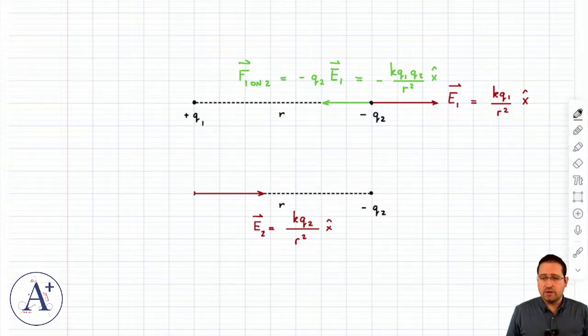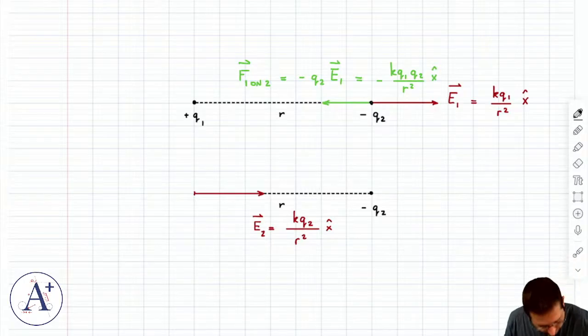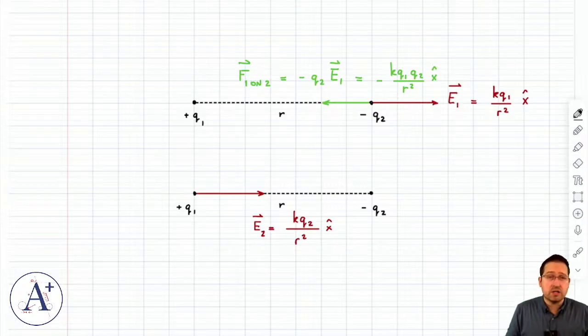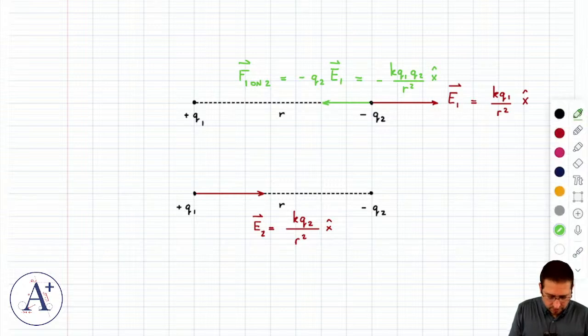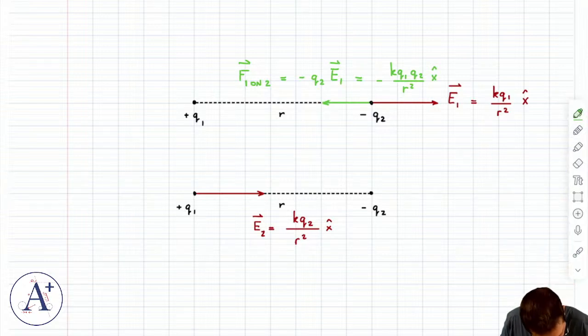Now I take Q1 and I place it at this location here within the electric field E2. Now Q1 did not create E2. Therefore, Q1 will immediately experience the electric force Q1 times E2. And because Q1 is positive, it will point in the same direction as the electric field.